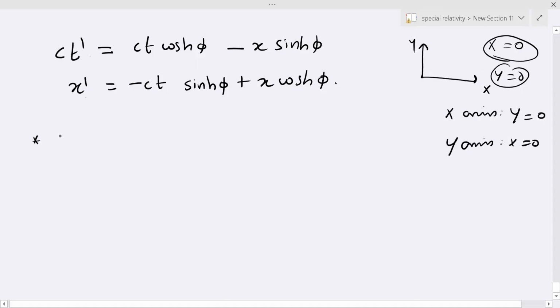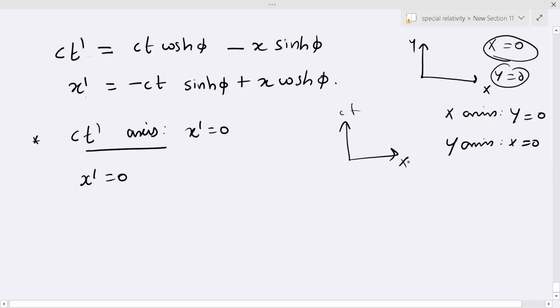In the same way, let's first look at the ct prime axis. How do you find the ct prime axis? You just set x prime equal to 0, in the same way that with ct and x, if you take x equal to 0, you get the ct axis, the time axis. So you set x prime equal to 0 and you get the equation of the line.